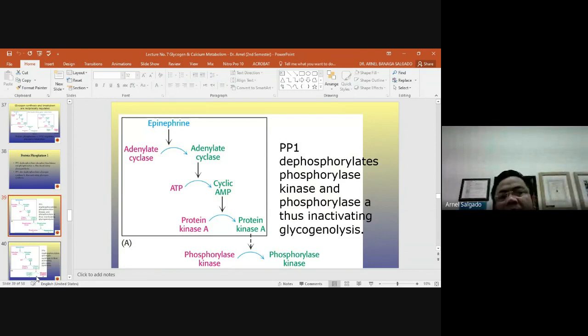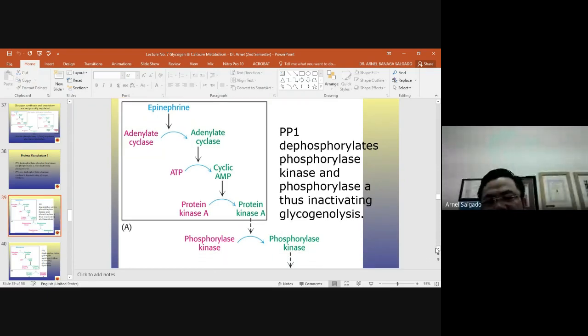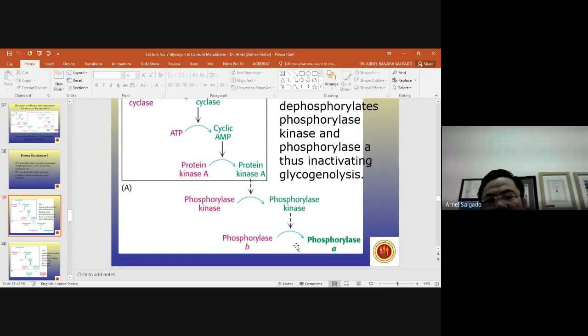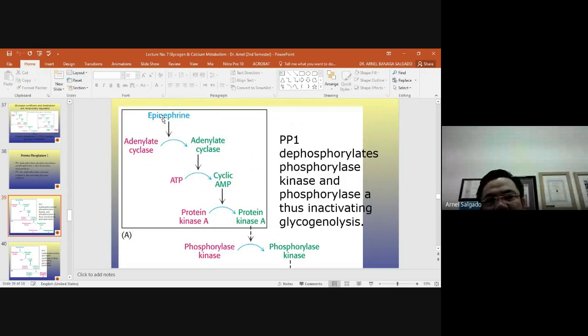Right? So moving forward, this is how it looks like. The protein phosphatase 1, the phosphorylase kinase, and phosphorylase A, thus activating glycogenolysis. This is how it works, how we activate glycogenolysis, as I already mentioned a while ago, from phosphorylase B to phosphorylase A. The glycogen is reacting to epinephrine. All the muscles will be acted on by epinephrine.